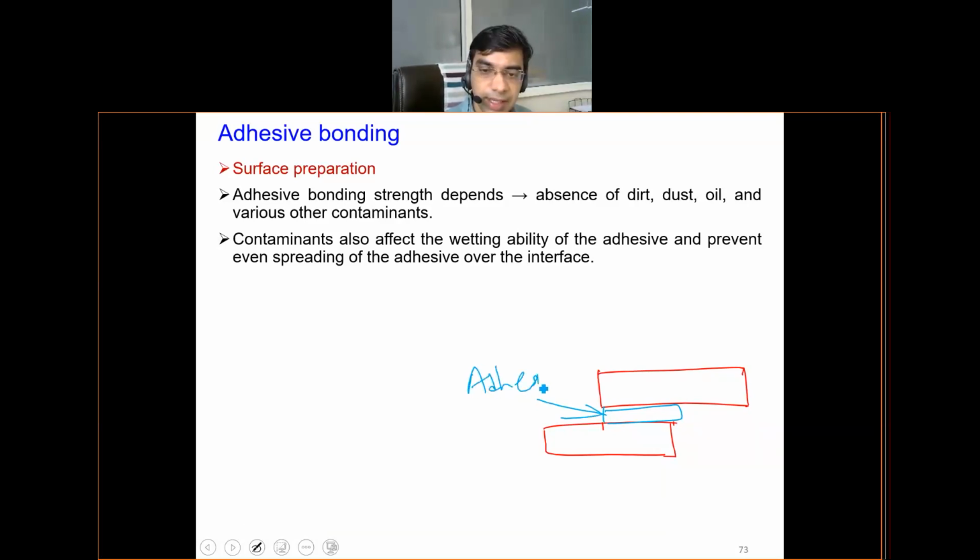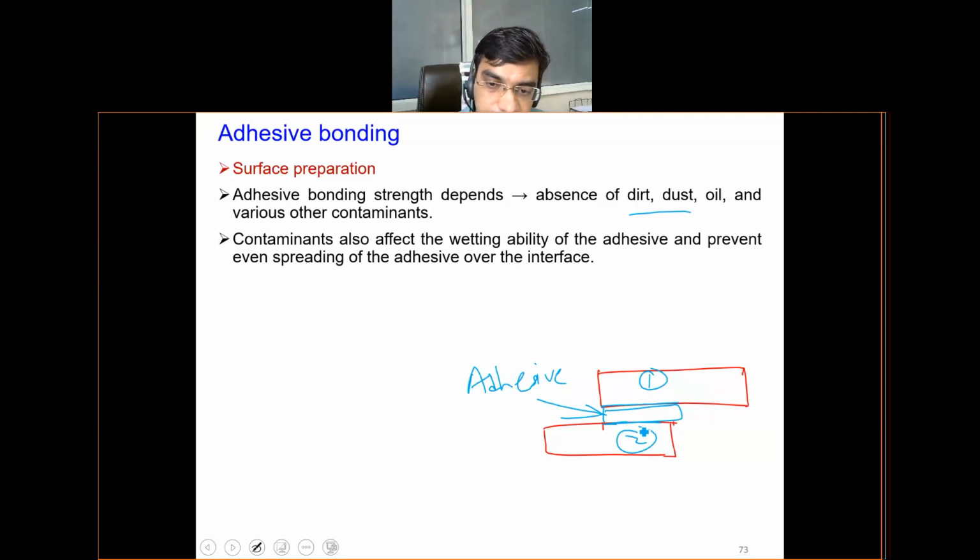These surfaces have to be properly cleaned so that no dust, dirt, oil, grease, or other contaminants are present. Why is this important? Because we want perfect bonding between the adhesive and surface number one, and the adhesive and surface number two.